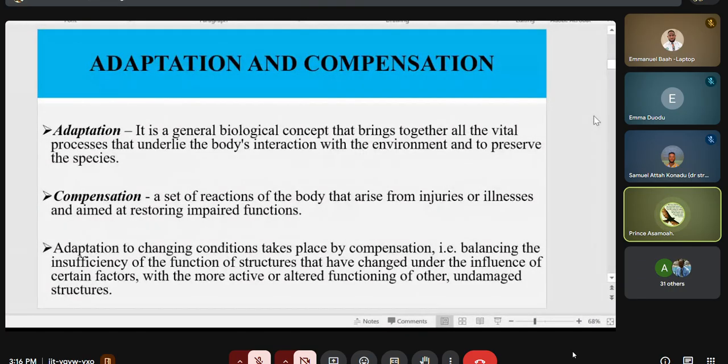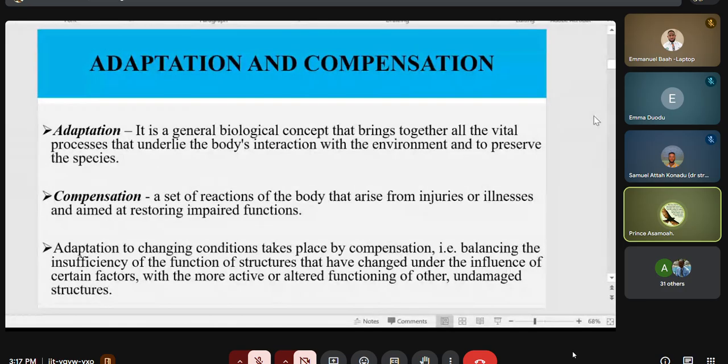For adaptation, the cells have not been injured yet, and it is struggling with all its might not to be injured or die. In compensation, the injuries to the cells have already happened, and the body is trying to protect the injured cell from further harm or dying off.